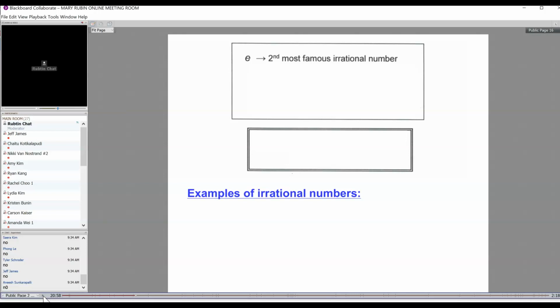Okay, good. It's really close to 2.7. E is approximately 2.71828, and it goes on and on. It's important because it's called the natural base, and it comes up in natural situations all the time.